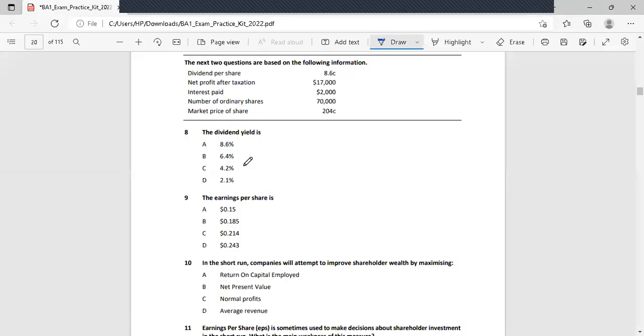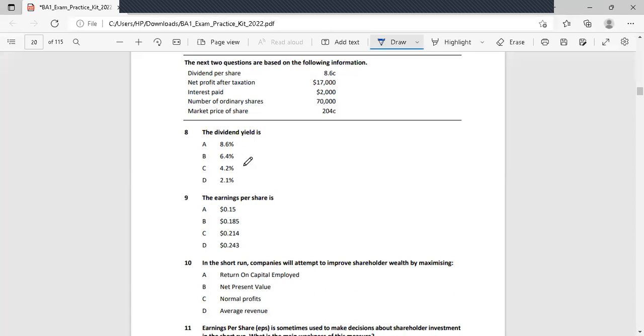There is another question which is given. The next two questions are based on the following information. There is some information about the dividend per share, net profit after taxation, interest paid, number of ordinary shares, and market price per share. The dividend yield ratio and earnings per share are the two things asked.